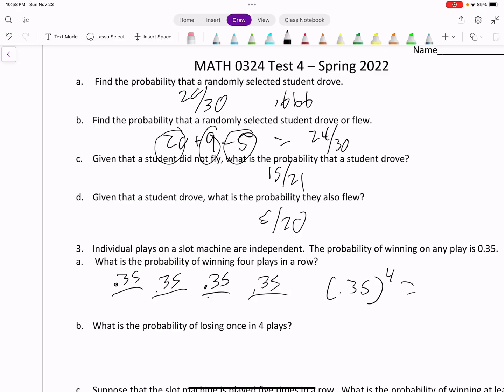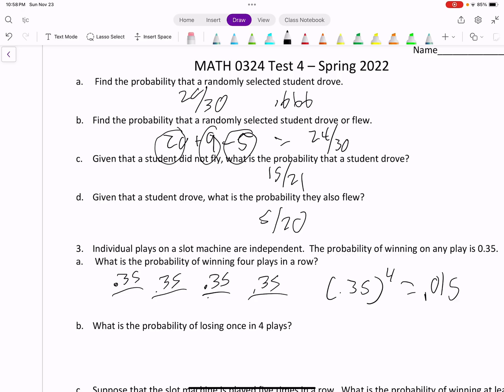Let me see. 0.35 raised to the 4th power is 0.015.